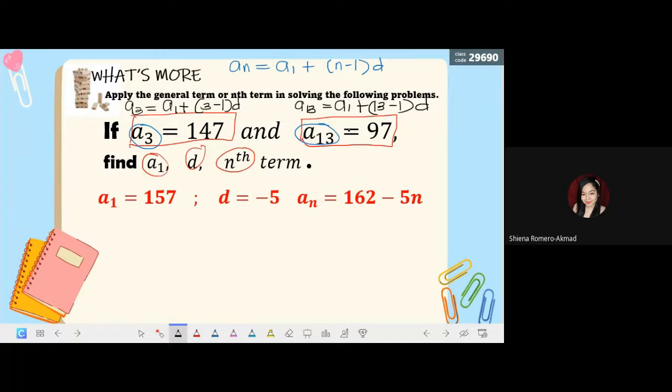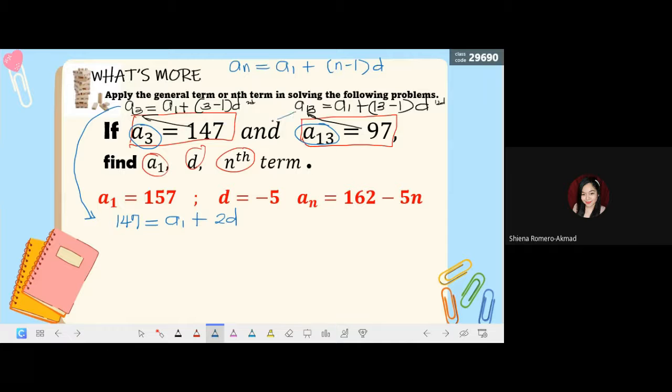Okay? And then after that, simplify natin. 3 minus 1 is 2, so magiging 2d yan. Ito naman, 13 minus 1 is 12, so magiging 12d yan. Then substitute natin dito yung values ng a sub 13 at yung values ng a sub 3. So, ang magiging equation natin, a sub 3 magiging 147 equals a sub 1 plus 2d.